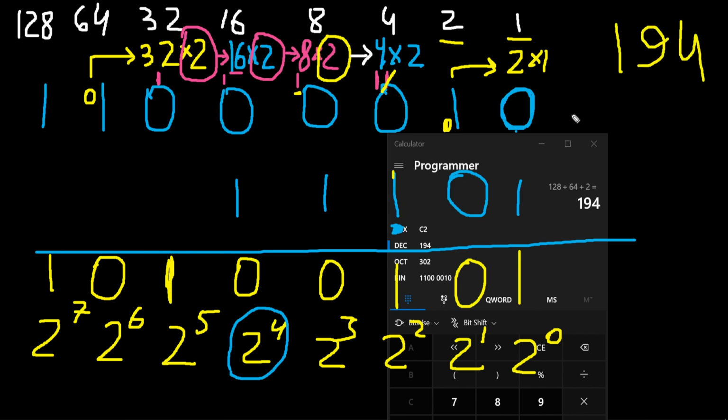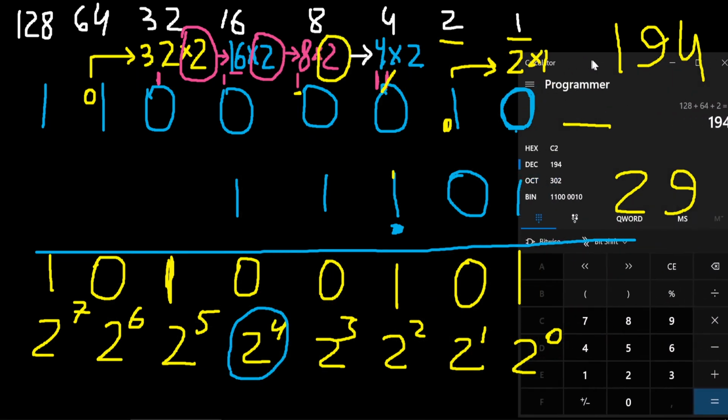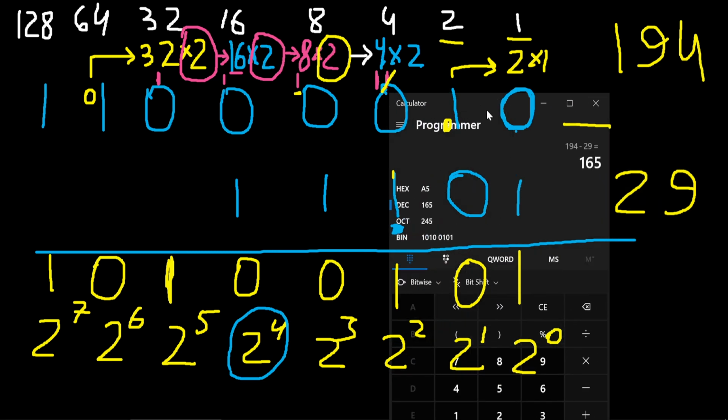So let's write it down. 194. We want to subtract from it this number. It will be much easier to count. So 1 plus 4 is 5. 5 plus 8 is 13. And 13 plus 16 is 29. So we make the subtraction 194 minus 29. And yes, let's again use the power of technology. 194 minus 29 will be 165.